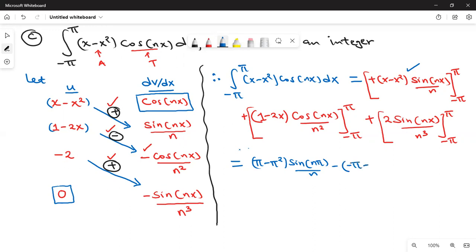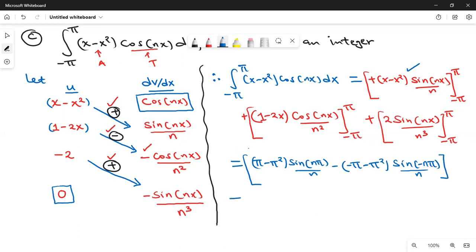Remember, what is negative pi? When you square it, you still get pi squared. So minus that one, times sine of negative n pi over n. That is the first bracket.